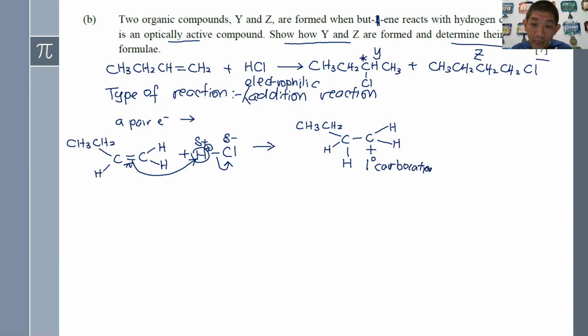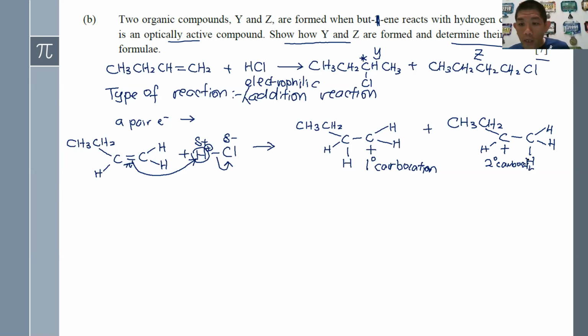Now, is this the only way that you can form? No, there is a second alternative way where you have CH3, CH2, CH, CH. Just now in the first structure, the first carbon takes the plus, the second carbon takes the H, isn't it? Now the second carbon takes the plus, and the first carbon takes the H. So this will form what we so call a secondary carbocation.